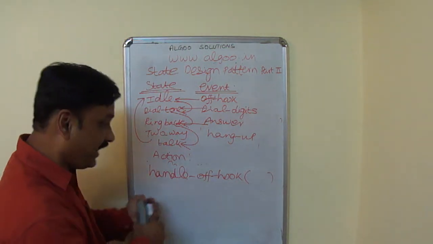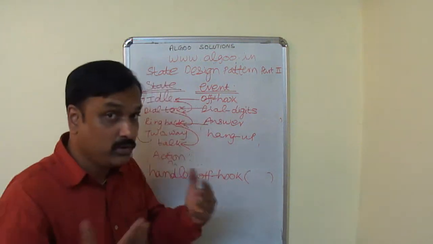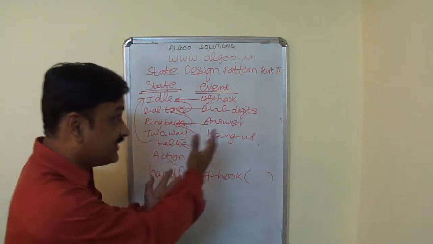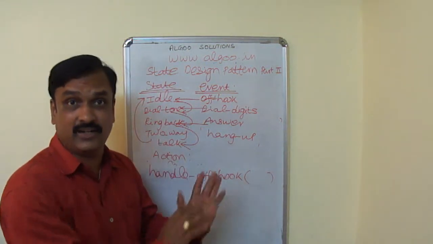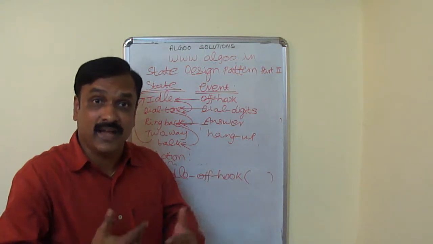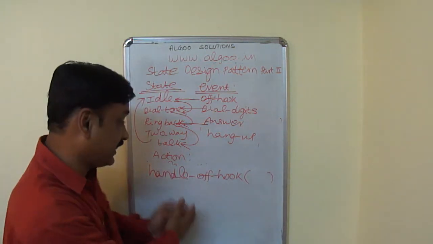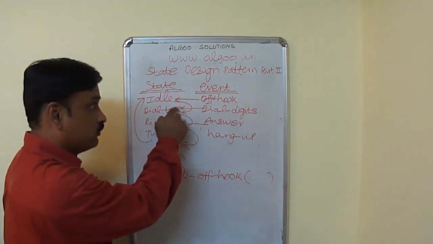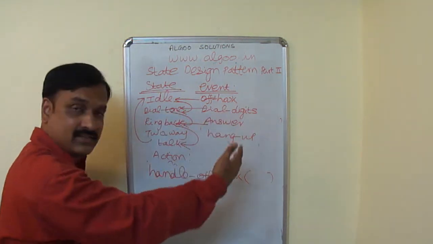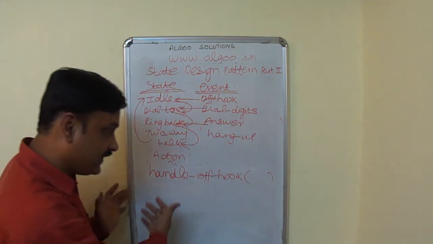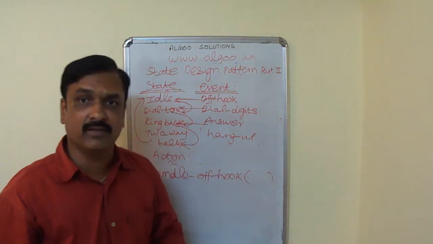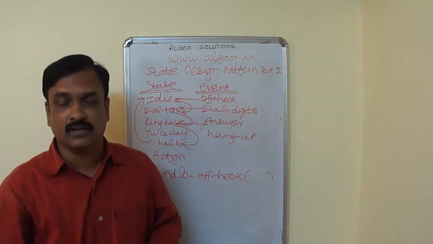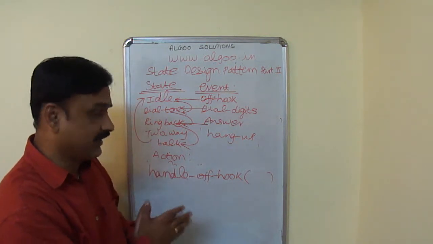Okay, so handle off hook, but the client doesn't know what state the system is in. In fact, it doesn't need to know. I mean, that's where the OCP comes about. The client just says handle off hook. Context knows what is the current state of that system, and based on that, the appropriate derived class behavior will be called.